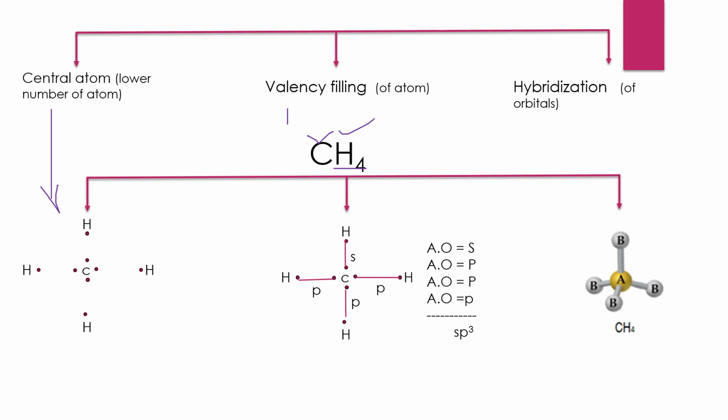The second step is valency filling. So we will make the bonds from the central atom. After the bondings we know that we have 4 bonds here. Compared to S, it will be on the x-axis in the first step.